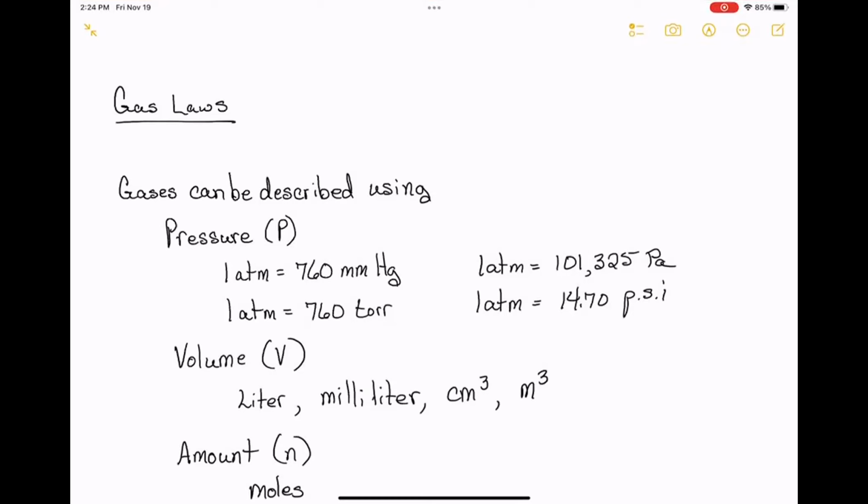When we talk about the gas laws, the second variable is volume. What volume does the gas have? The volume of the gas is going to be equivalent to its container. The units of volume, liters, milliliters, centimeters cubed, meters cubed, those are all units of volume that could be used.